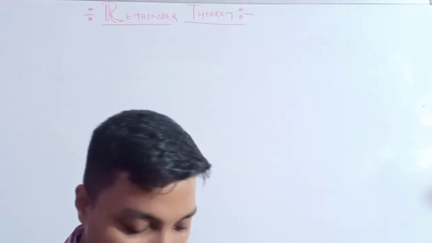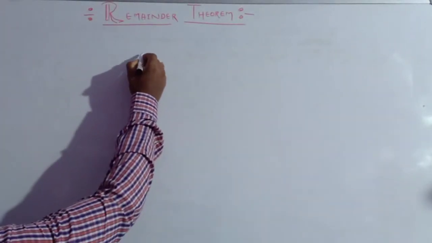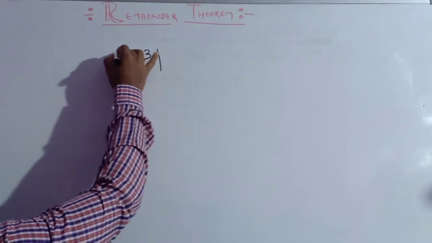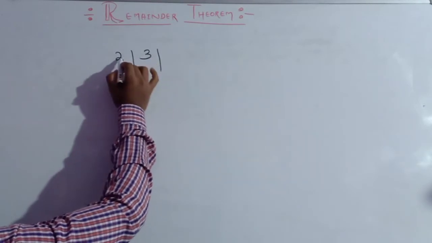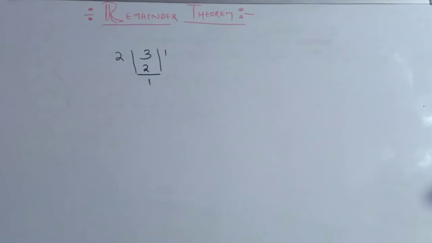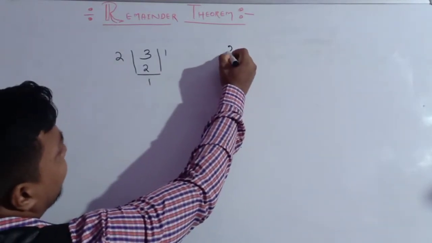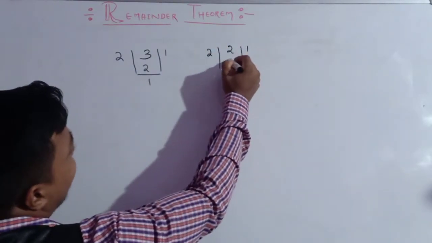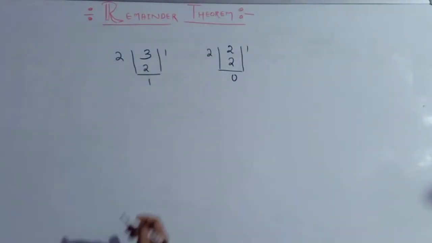Understood or not understood? First, I want to tell you a few important things. Listen, whenever we divide one normal number by another number, see, here it is 3 divided by 2: 2 ones are 2, and the remainder we get is 1. Another one: suppose we divide 2 by 2, 2 ones are 2, and the remainder is 0.